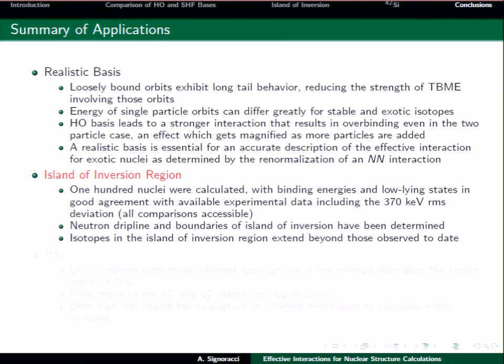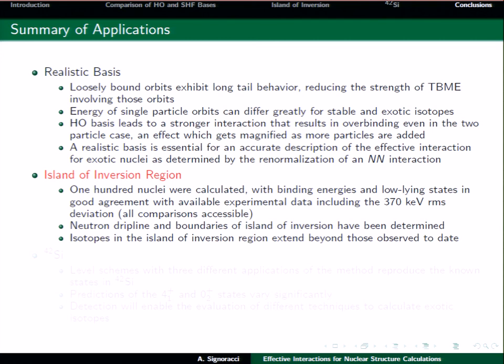The realistic basis is important to use when we're creating effective interactions to produce calculations of nuclei, especially because a realistic basis will have a better description of loosely bound orbits which extend much farther radially than the harmonic oscillator basis.